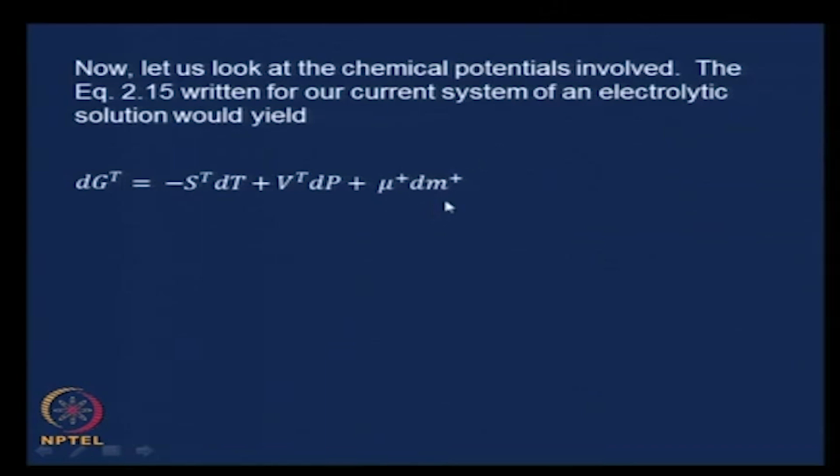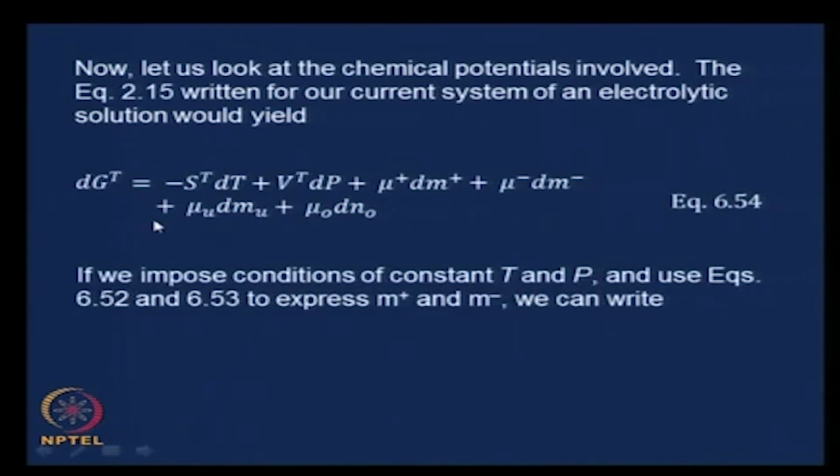Going by our terminology and writing each one of those terms separately, we get mu plus dm plus, plus mu minus dm minus, plus mu of the undissociated species times dmu, the differential of the number of moles of the undissociated species, plus of course you have the solvent there too, mu 0 dN0, this corresponds to the solvent. We will call this equation 654.